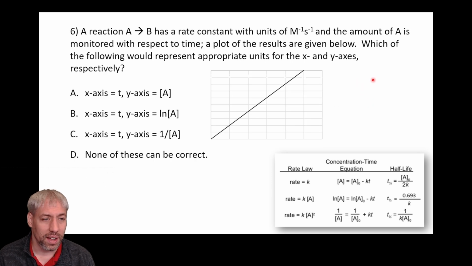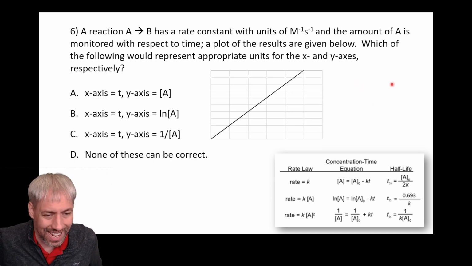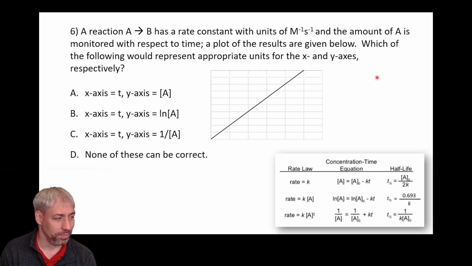All right, another graph. So go ahead and pause. Let's figure out what the axes on this graph are. All right, so we have a concentration versus time graph, but we forgot to draw the units here.